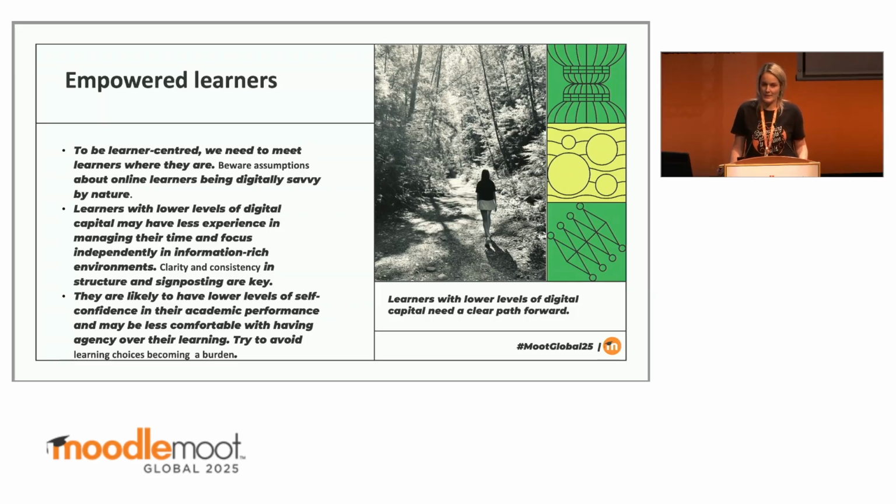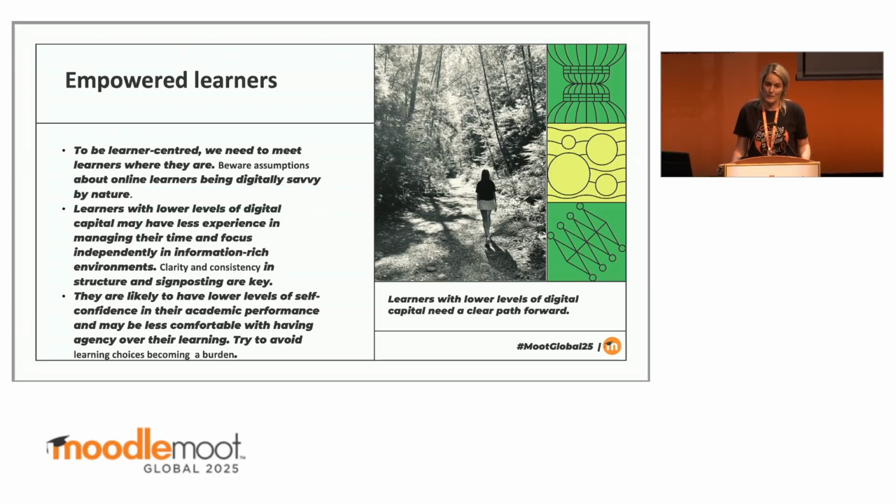And the piece that I find most interesting in this area is that they're likely to have lower levels of self-confidence in their academic performance, so low self-efficacy, we might call it. And they may be less comfortable with the idea of having agency over their learning. Again, good online learning principles are often underpinned by learner agency. We believe in that. We think it's important to give learners choices.